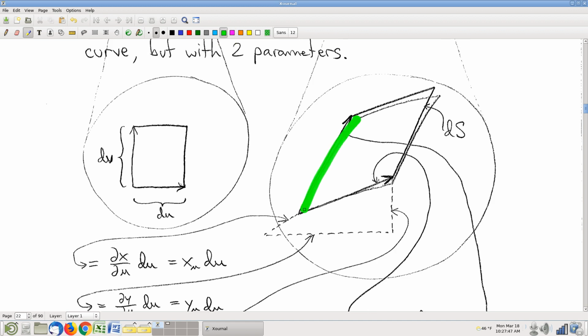Here's our little piece of surface. Again, we're going to understand that as the image of this piece of area over here. And we're going to do so by looking at that vector and how it has as its corresponding image a vector like that.